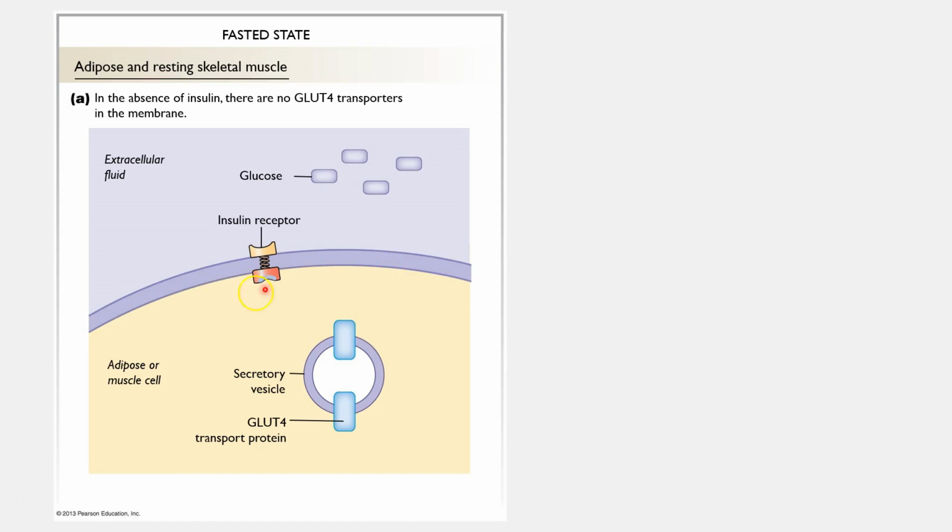Do you see how adipose tissue and skeletal muscle now do not have access to the glucose present in the bloodstream, because they don't have any glucose transporters? If there are no glucose transporters, you can't move glucose into the cell, because glucose will not cross the plasma membrane unless a transporter is present.